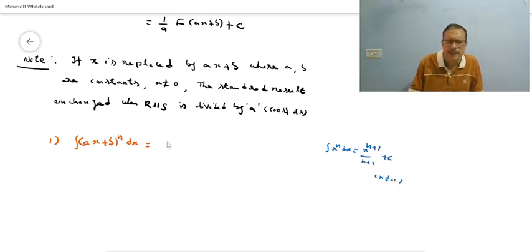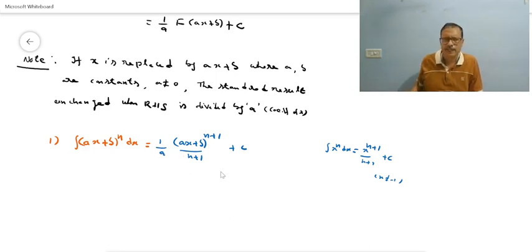Similarly, this is equal to ax plus b whole to the power of n plus 1 by n plus 1, but we have to write the x coefficient, that is a, in the denominator, plus constant. So the formula of integral of ax plus b whole to the power of n dx is 1 by a into ax plus b whole to the power of n plus 1 by n plus 1 plus constant.